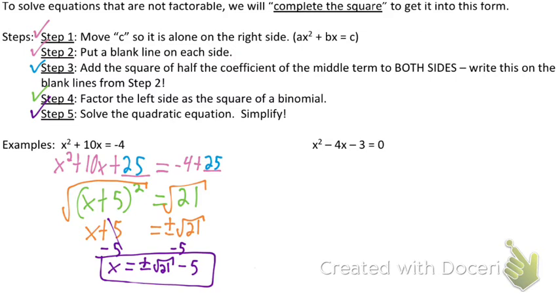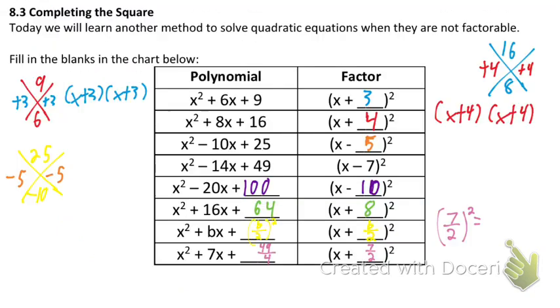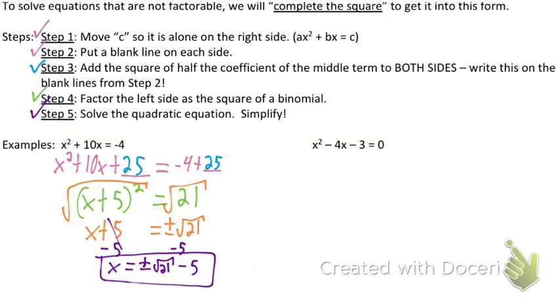Okay? And it's called completing the square because what did we turn it into? Something being squared. Now, all of these up here, we did the same thing with it. We completed the trinomial, and we turned it into a square. So we completed the square. Does that make sense why we get that name? Cool beans. Let's go on to example 2.